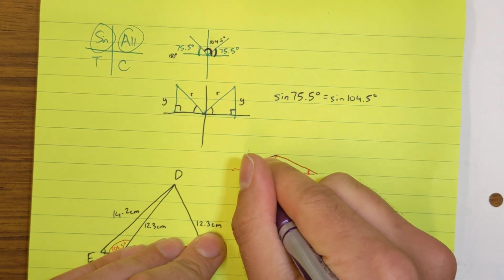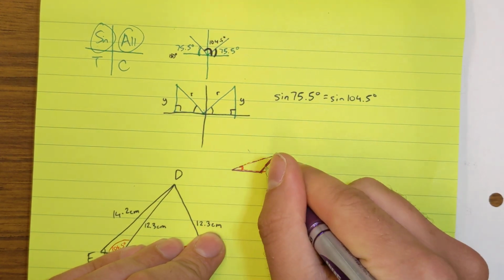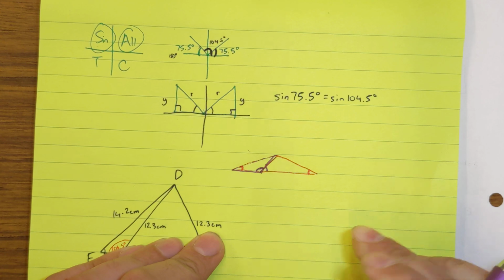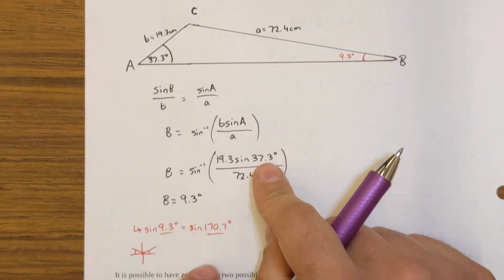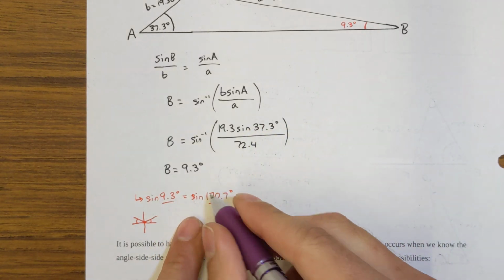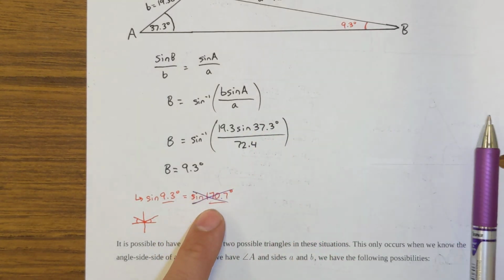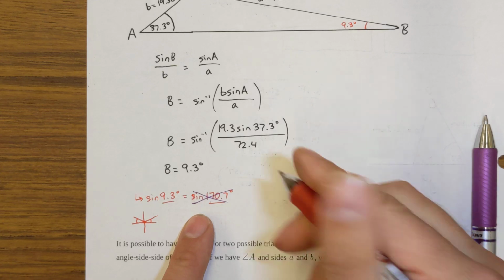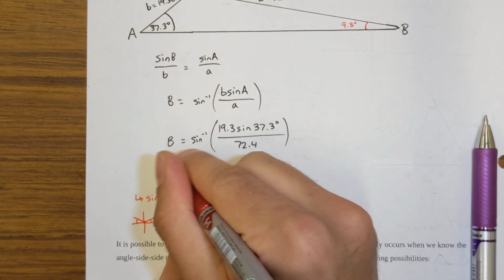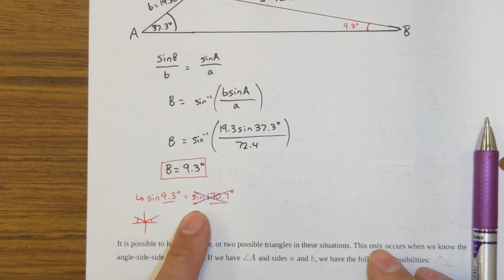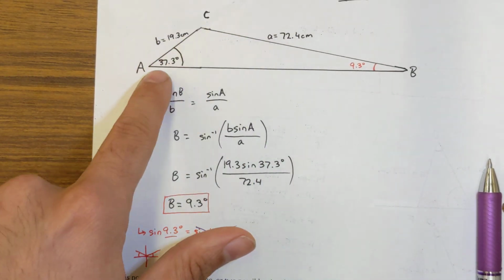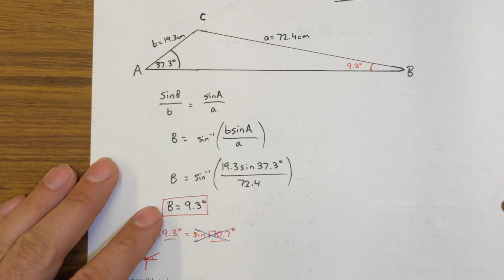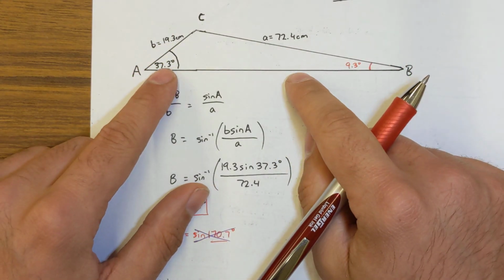This triangle here would use a completely different angle here. So that would break the rules of what we were told. This one's not ambiguous. This way doesn't make sense for this triangle. So the only possible answer is having 9.3 degrees, based on what they've told us of these two sides and this angle.